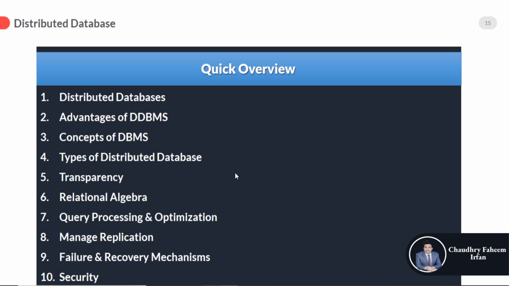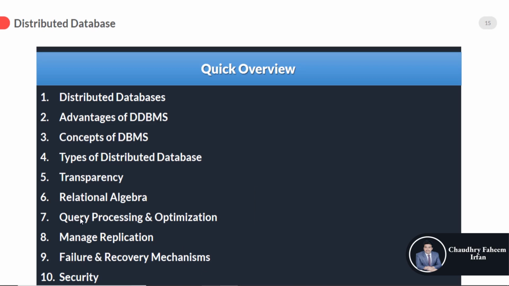And number 9, failure and recovery mechanisms. There is a set of mechanisms for when our system goes down due to hard failure, soft failure or network failure, and we can manage it. Recovery mechanisms are used to get out of failure.